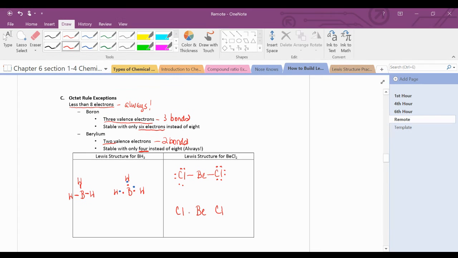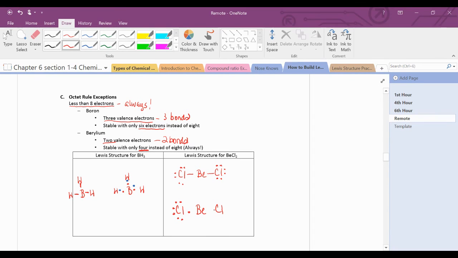So chlorine has 7, 1, 2, 3, 4, 5, 6, 7, and then beryllium has 2. Okay, so those are my exceptions that always behave this way. So you will need to memorize those.